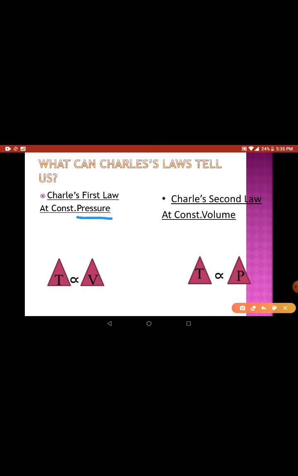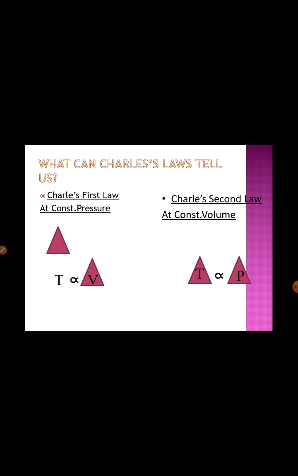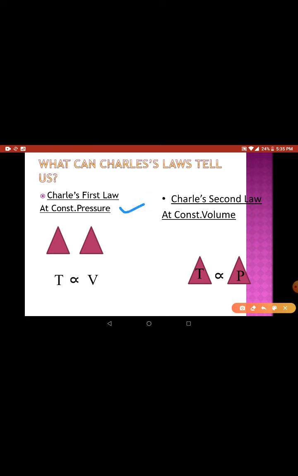Suppose you have a gas for which you are maintaining constant pressure, then you go on increasing the temperature, right? When you increase the temperature, then what happens? Its volume also increases, provided the pressure is constant. So when the pressure is maintained constant for a gas, if you go on increasing the temperature, then volume also increases.